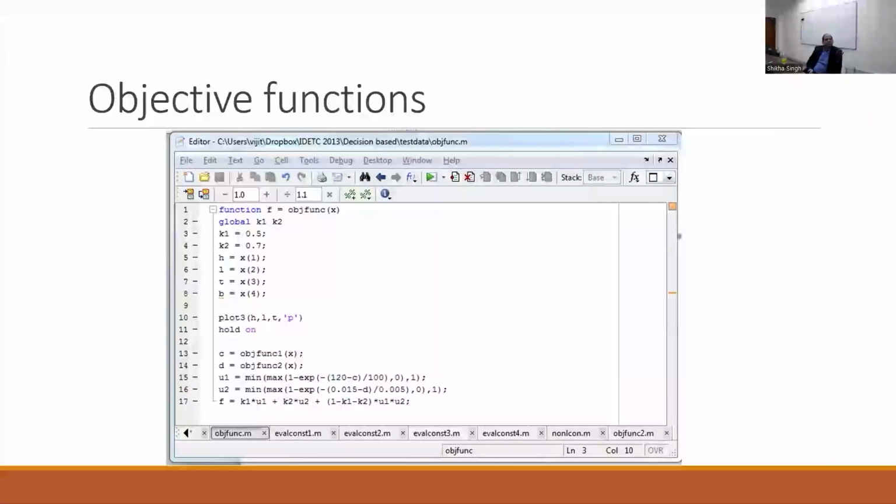So it has u1, it has u2, and then it has 1 minus k times u1 times u2. It means that it's not just a linear sum of the utilities of the attributes. It also looks at the interaction terms, the u1 times u2.